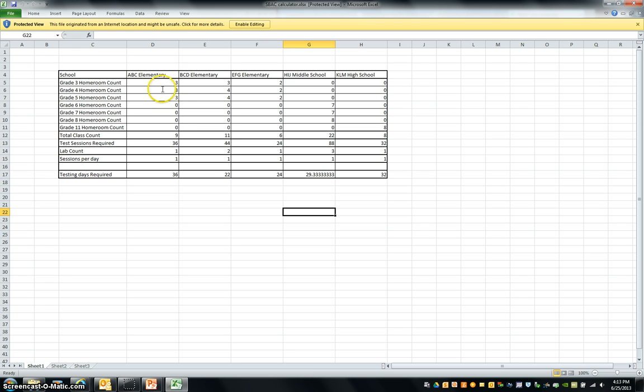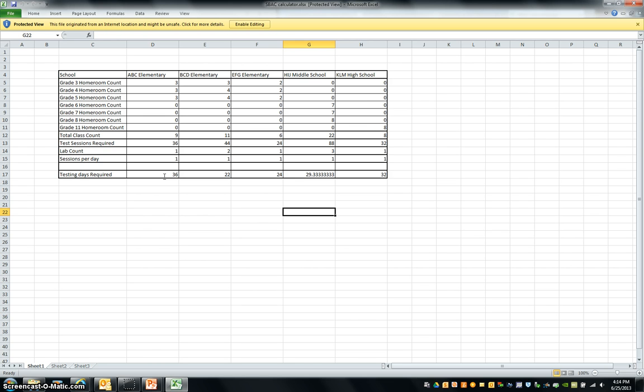And so you can plug your values in here and figure out how many testing days. So this might help you figure out that ABC Elementary is considerably worse off than BCD Elementary, so you can try to levelize the playing field. But again, in the technology readiness, we got a little green square that said we were all set.